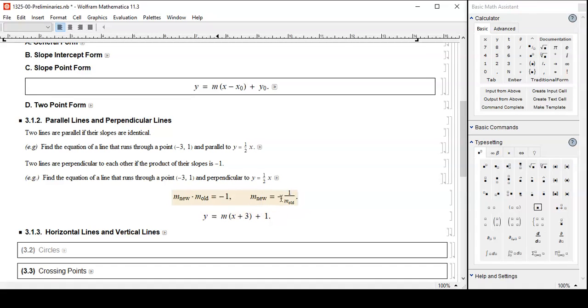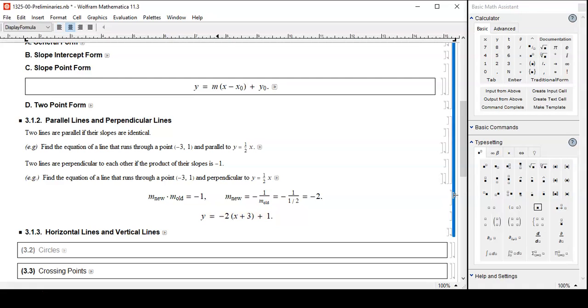Well, new slope is -1 over the old slope. So -1 over, what's the old slope in this case? It's 1/2. So that is -2, isn't it? Multiply 2 to both numerator and denominator, and you get -2 over 1. So that's -2. So there goes the line that's running through -3, 1 and perpendicular to this original line.